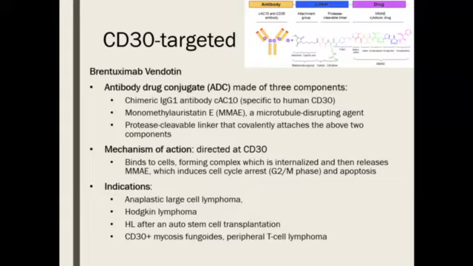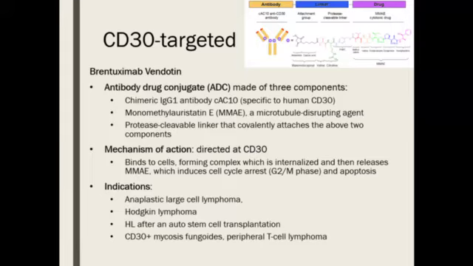It's got a protease cleavable linker that covalently attaches the two components, and then the payload is MMAE, which is a microtubule disrupting agent, so kind of a more classical chemotherapy product with a directed monoclonal antibody attached to it. The mechanism: it seeks out CD30, binds to the cell, forms a complex which is internalized, and then that protease cleavable linker is cleaved, where the MMAE is released, and it can induce cell cycle arrest in the G2 or M phase and lead to cell apoptosis.